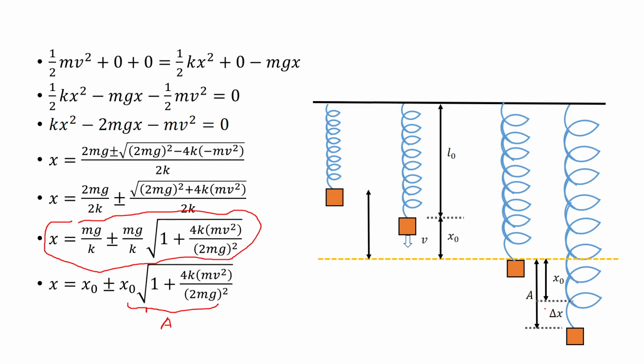Similarly, when the block moves upward from its equilibrium position, a is our amplitude, of which some part is x naught and the other is delta x. What I'm trying to say here is that in the earlier case, the block was not moving upward from the position from where it was released, but in this case the block will move upward from the position from where it is released by an amount delta x.